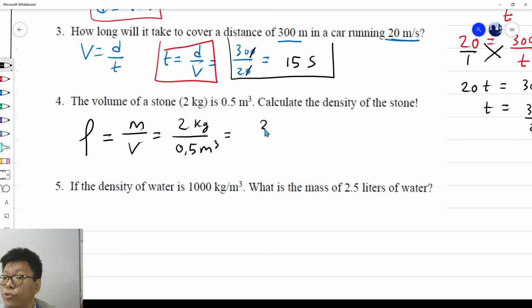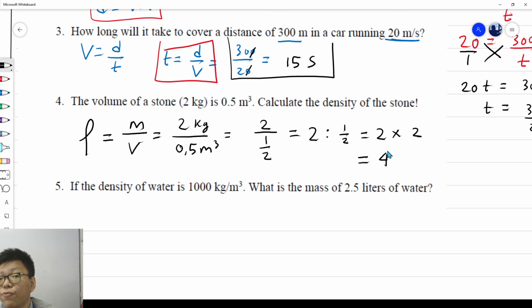So this is 2 over 0.5, or you can write 0.5 as half, right? You can write it like 2 divided by half, or you can flip it into 2 times 2. You get the answer is 4 kilograms per meter cubic.